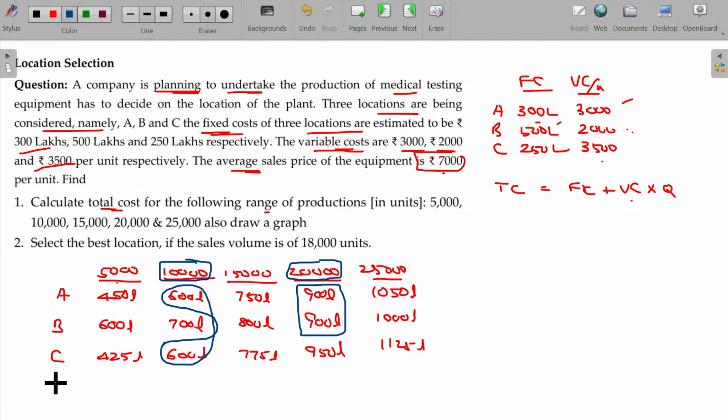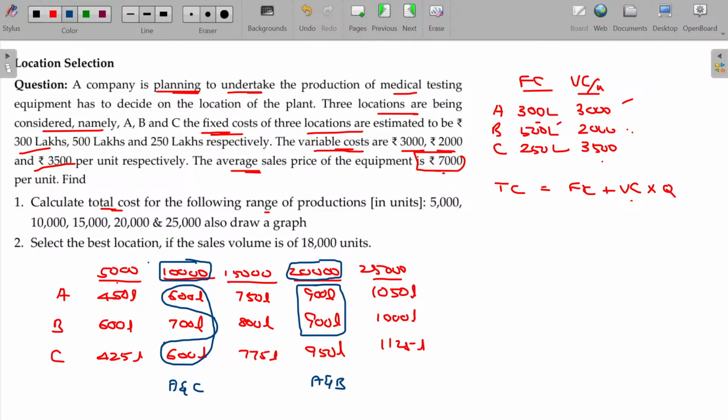So this is the indifference point between A and C, and this is the indifference point between A and B. Indifference point means if your demand is 10,000 units, choosing A or C, you will get the same cost. As the cost is the same, and sales revenue being 7,000 per unit, revenue also is the same. At 20,000 units, 900, 900. Whether you go for A or B, you will get the same cost.